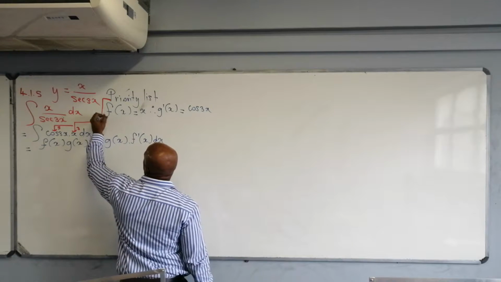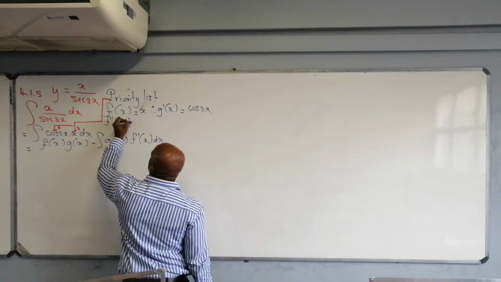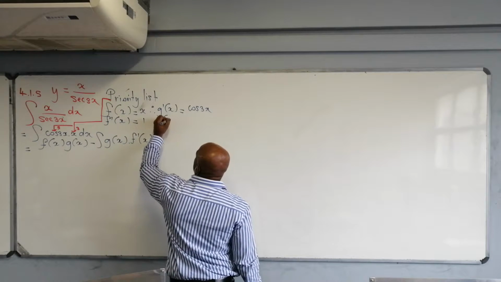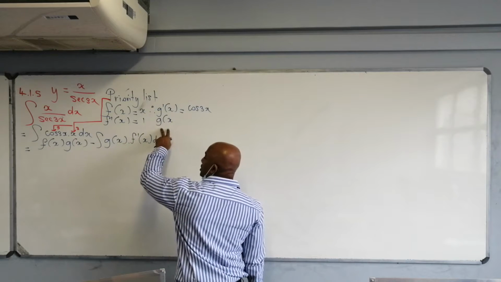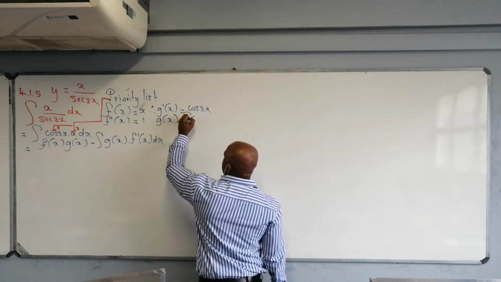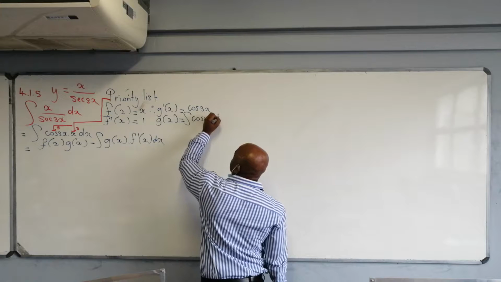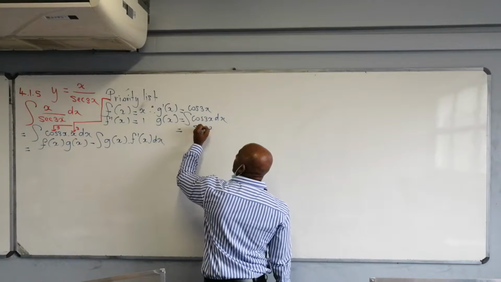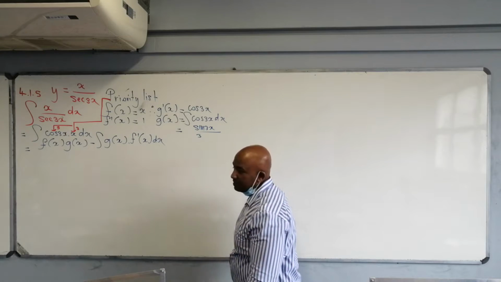Once I've got my f of x, I can find f prime x. The derivative of x is 1, and then to get from g prime to g, you integrate cos. Integrate cos, you get sine 3x all over 3.